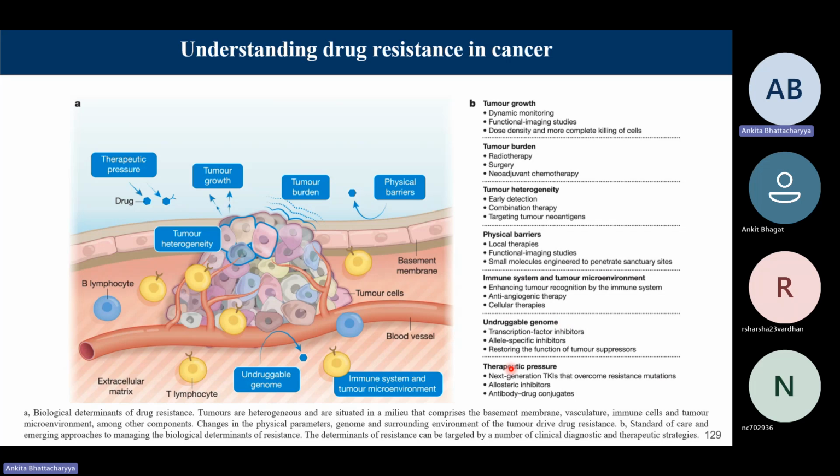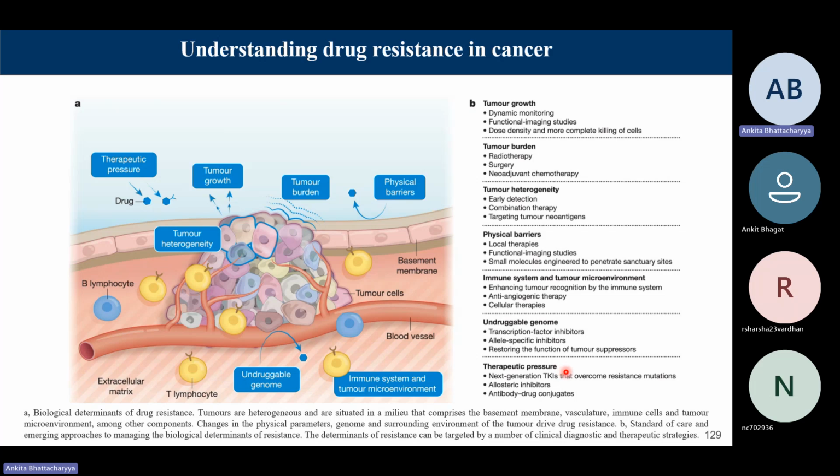For undruggable genome, if you remember, we discussed this in the last class, where we talked about how transcription factors, which were previously considered to be undruggable, have now opened up their scopes in the recent past, and you can use inhibitors against those. Allele-specific inhibitors, restoring tumor suppressor function. This is also something that seems very promising, but very difficult to implement. But yeah, it has a lot of potential.